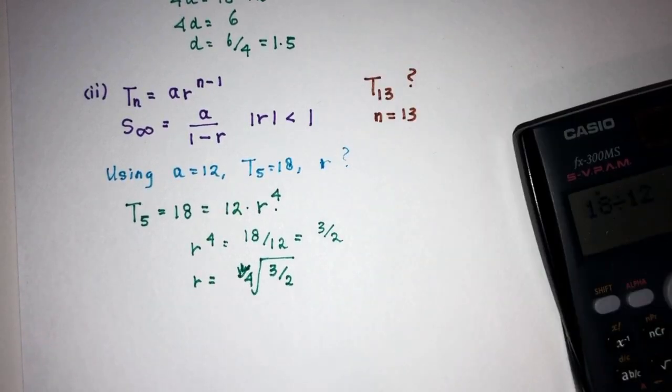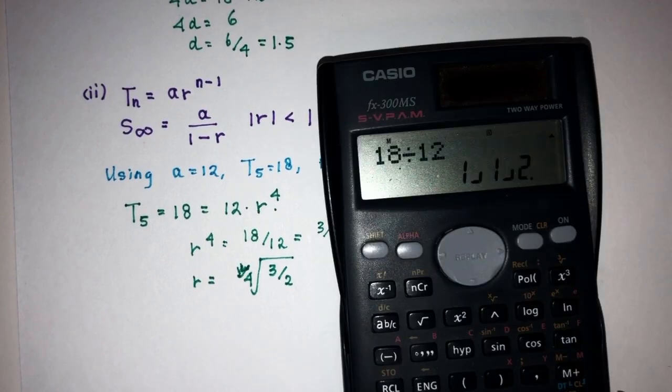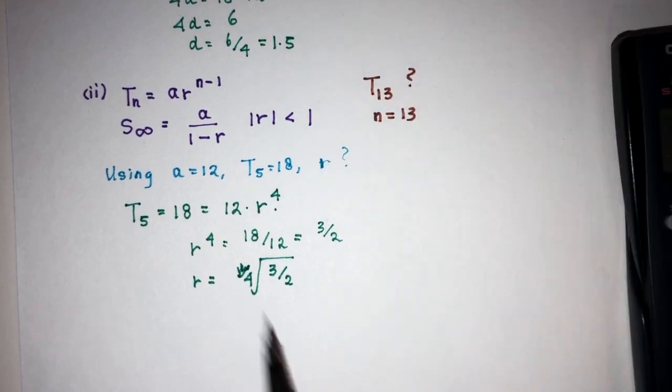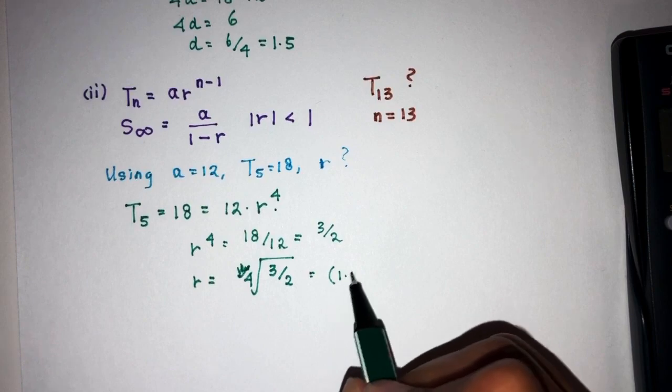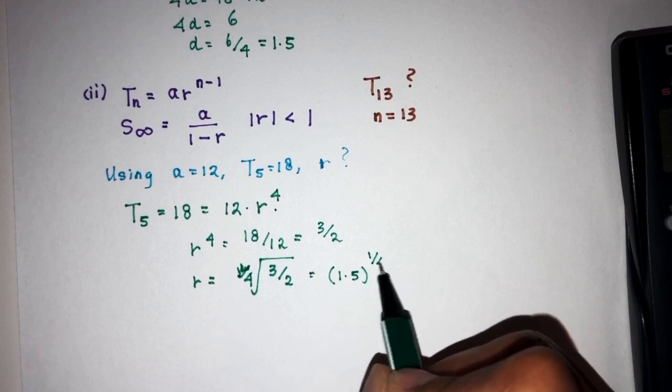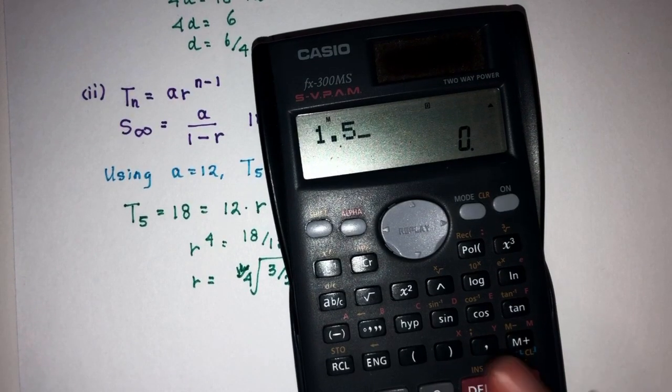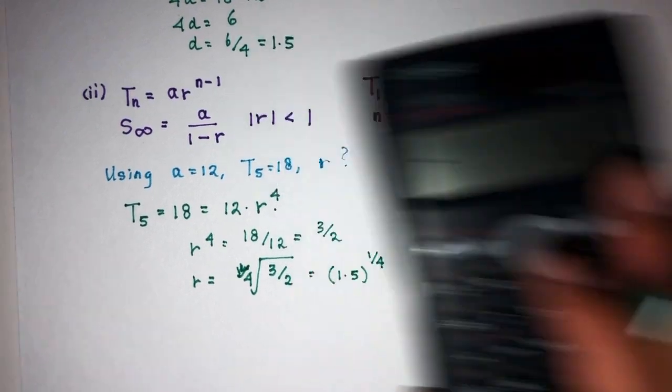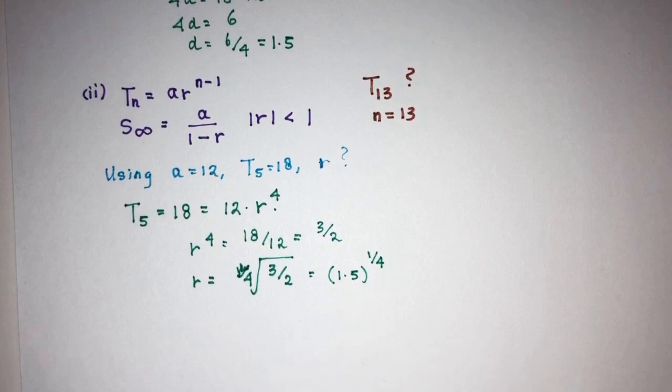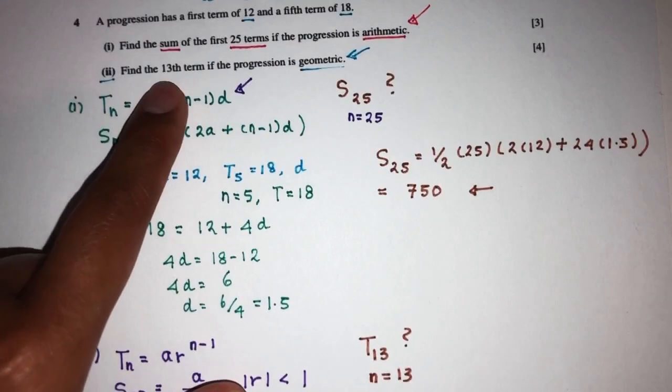So we can just use that for now, or we can simplify. This is the same thing as 1.5 to the power 1 over 4. This is not exact, so let me keep this as my value of r for now, so we can use it and find the exact value in the required question.